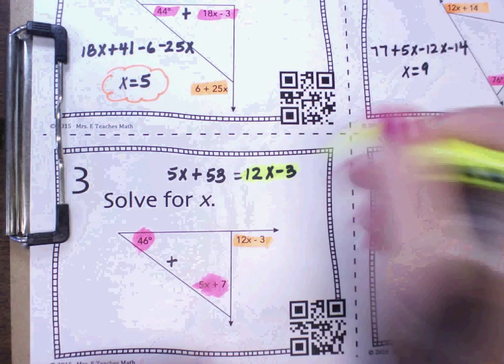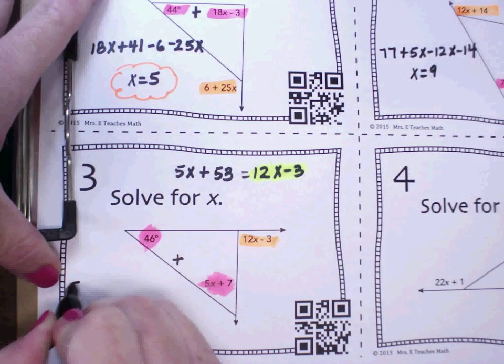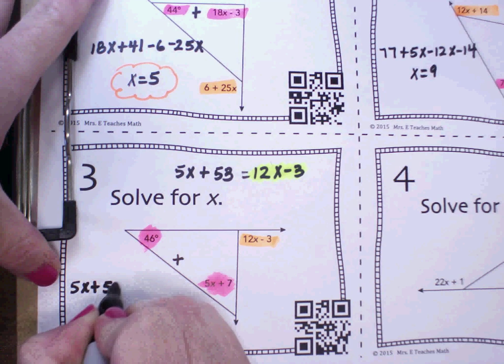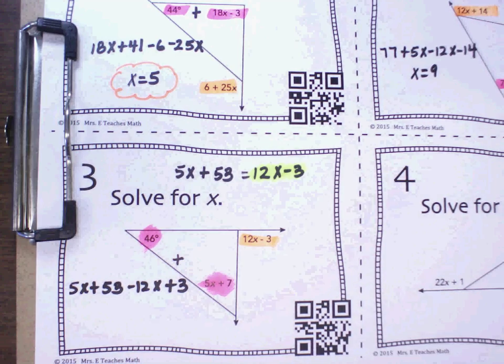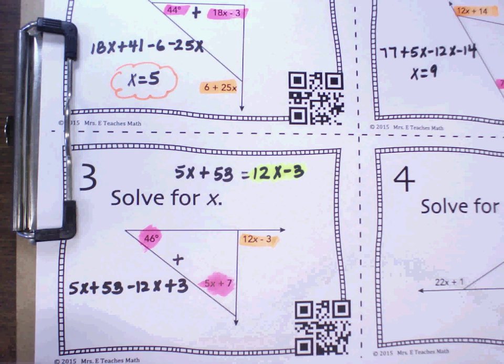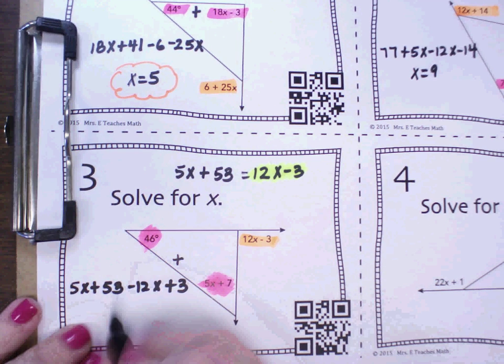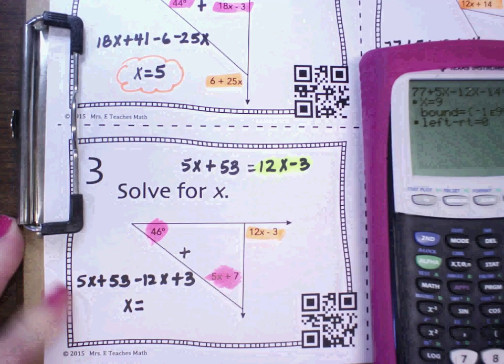Latanya, what's my next step? Highlight what I'm going to move. Very good. Alondra, how do I write it on the calculator? Awesome. And then Jamilet, give me the value of x.